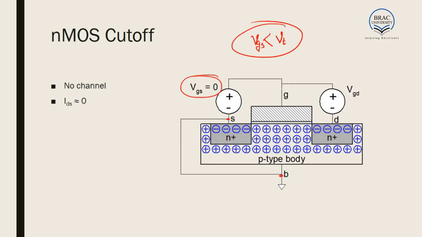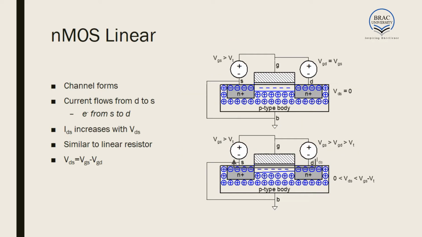As a result, no current can flow from drain to source. Since no current can flow from drain to source, IDS is not created, and since no inversion region is created, there is no channel. As a result, the MOSFET acts as an off switch, or the MOSFET does not carry any current. This is called the cutoff region.